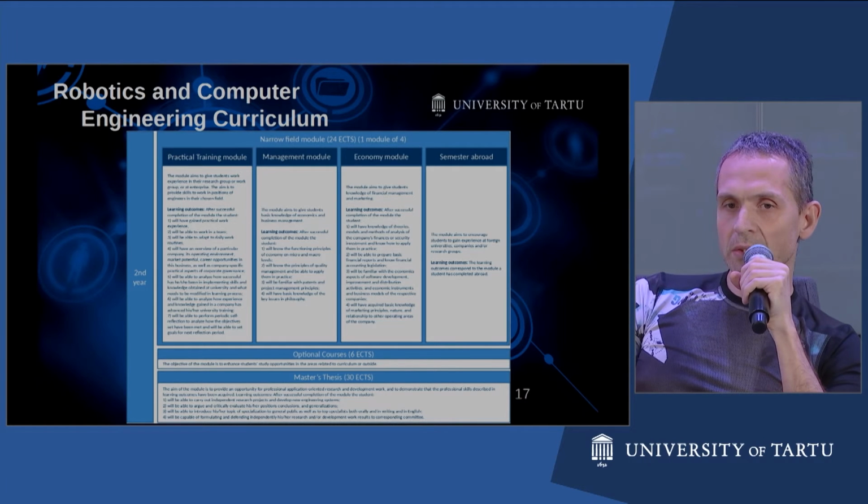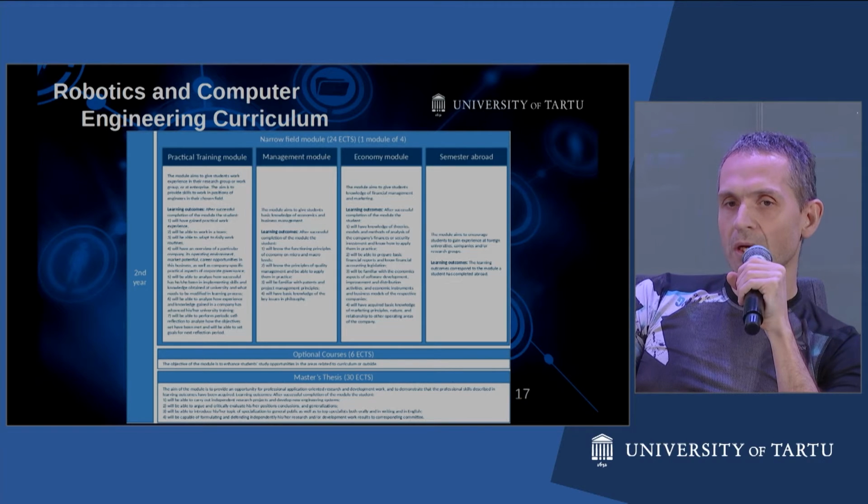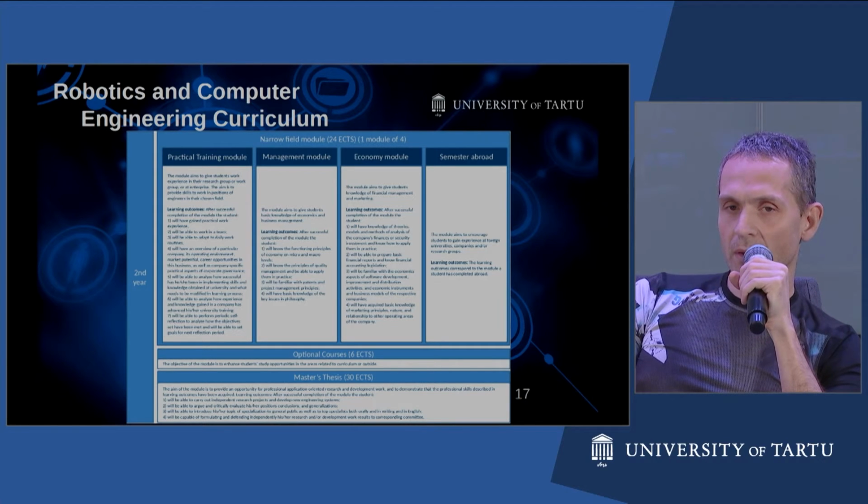You can also call it an internship, but we expect that the company pays you. Because 24 credits means, if you work full-time, 4 months, or if you work part-time, 8 months. So you have to somehow live.